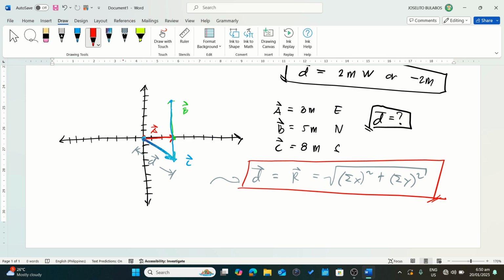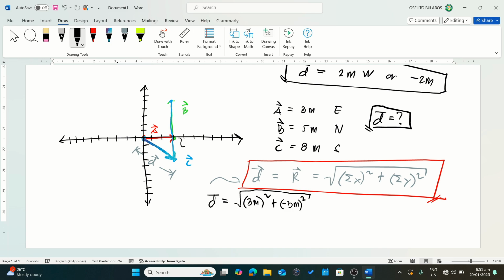If we solve for this one, our d must be the square root of our x here, 3 m squared, plus our y here, negative 3 m squared.